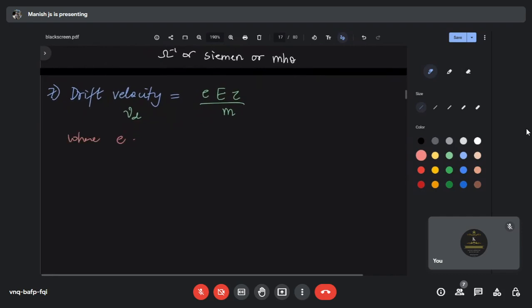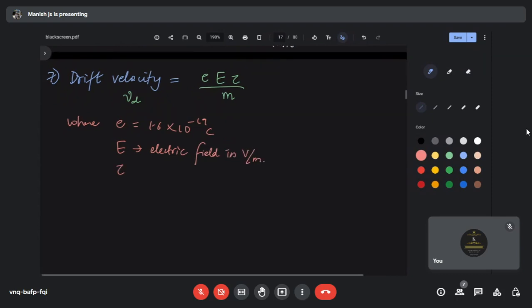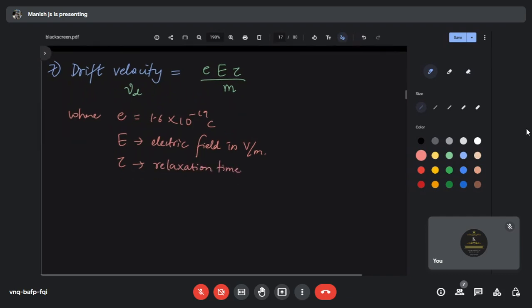Where e is 1.6 times 10 raised to minus 19 coulombs. That is the value that we would substitute while solving problems. Capital E is nothing but electric field in volt per meter. And tau is the relaxation time, or the drift time also you can say.